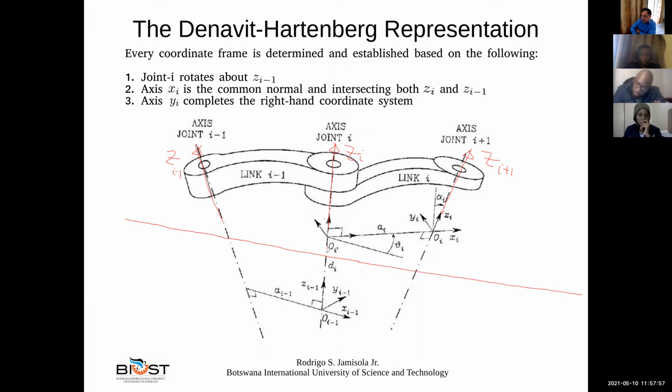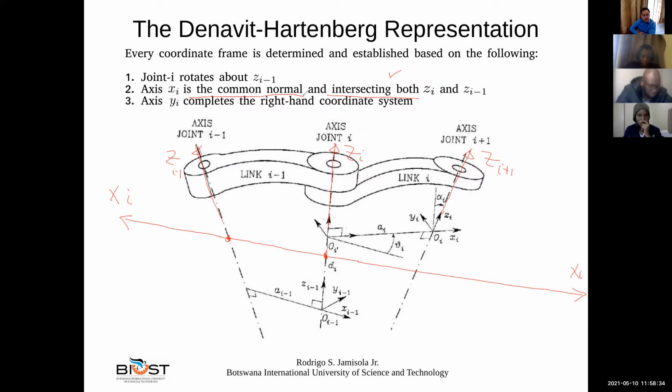This is Z(i-1). It intersects there. I mean, this Zi intersects here. This must be Xi because we are looking at where Xi is. And then it also intersects Z(i-1). This is also Xi. It will intersect both axes. That's one requirement: it intersects both Zi and Z(i-1). The second requirement is that it is a common normal, that means it is perpendicular to both axes, Zi and Z(i-1).